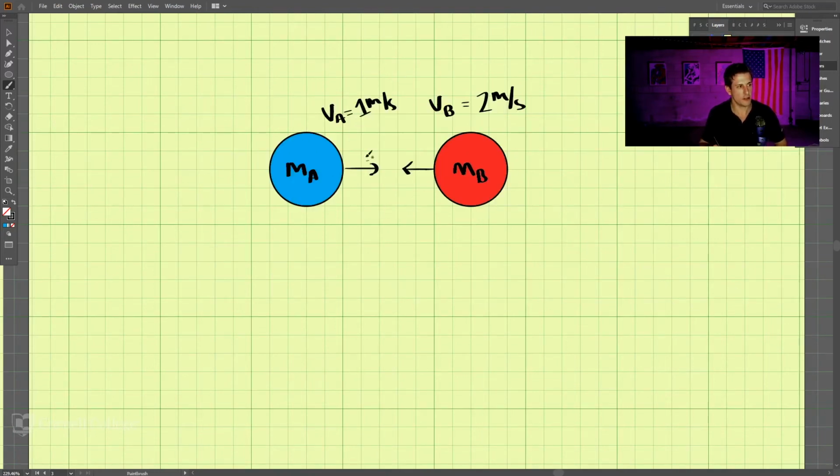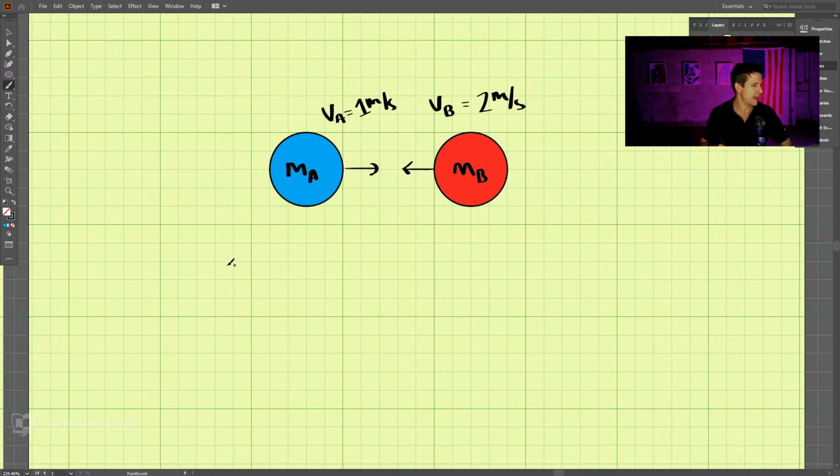As I mentioned in the example above, even if we knew the masses of these two objects, we wouldn't be able to determine the velocity of A and the velocity of B after the impact without more information. And the information that we need is how much do these balls stick together after they come in contact with each other, or how much do they repel each other after they come in contact.